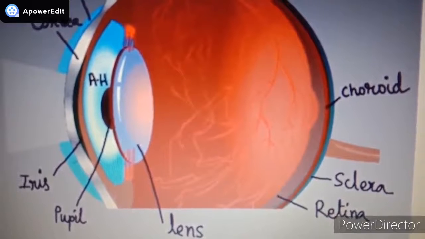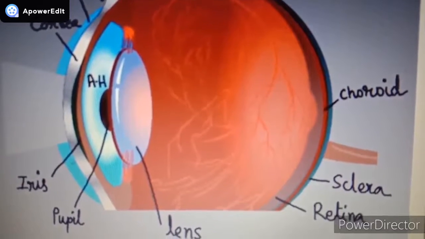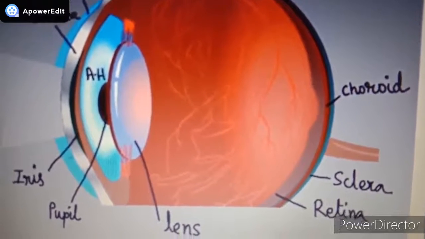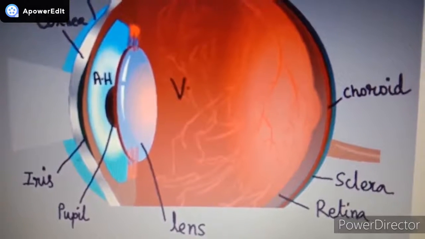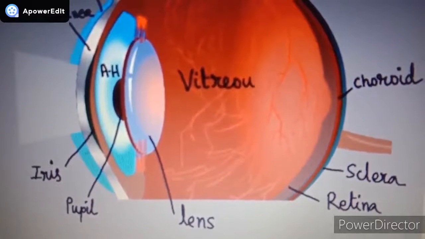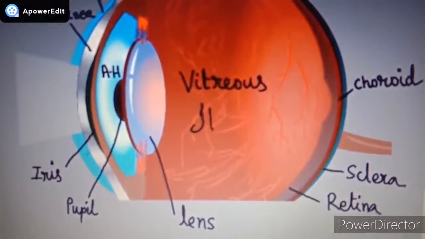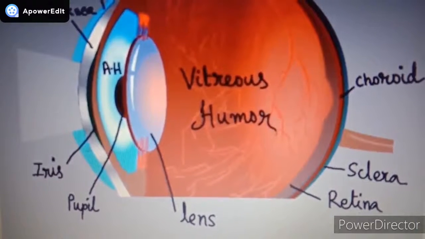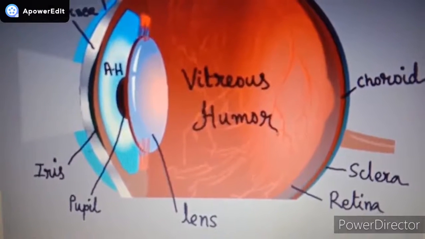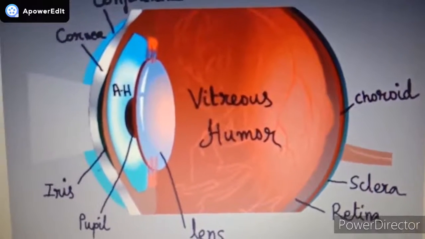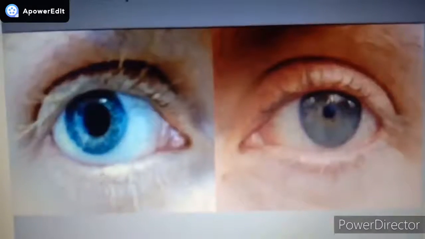This is the short form of aqueous humor, and the chamber with the vitreous contains a fluid known as vitreous humor. VH is the short form of vitreous humor. In the diagram you can see this vitreous humor. So these are the various parts of the eye. This was the structure of the eye.